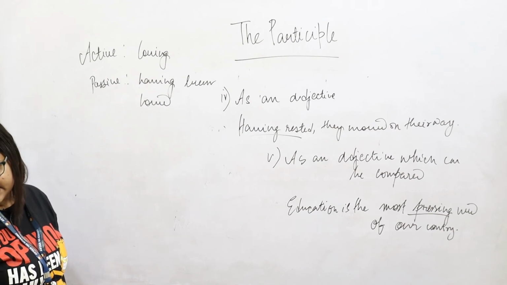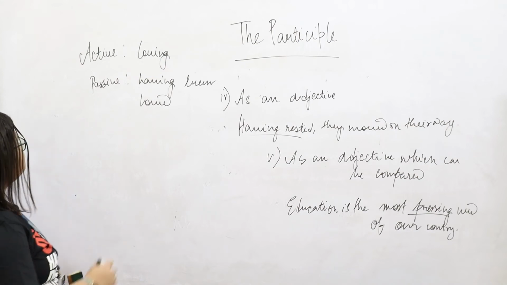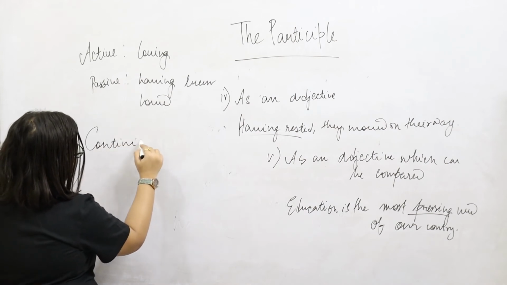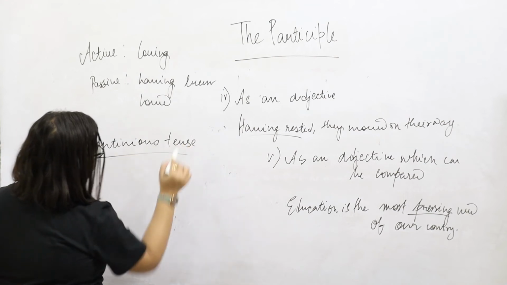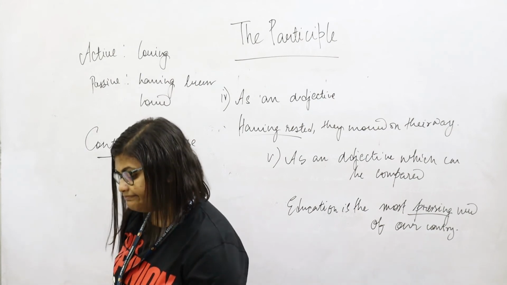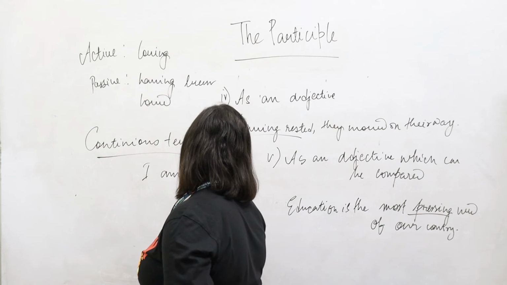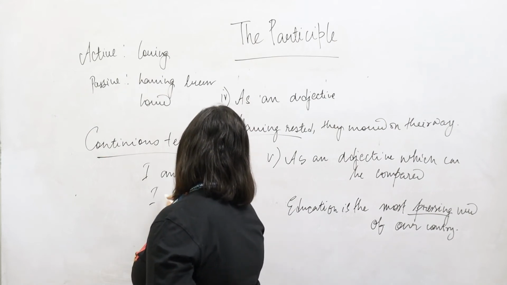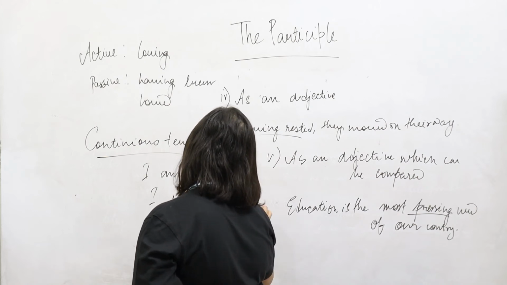So the next, if we want to use it in a continuous tense, we will be saying I am loving. Past would be I was loving.